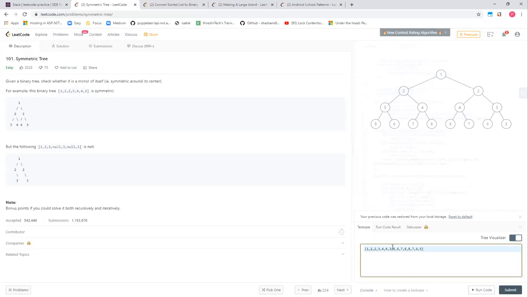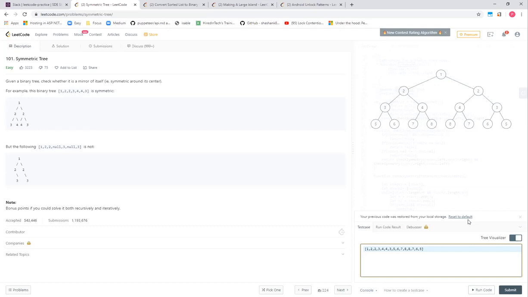So for example, I start from the first one, the 2 pointers point to 1, right? And then the next time, the left pointer points to 2, and the right pointer points to 2 on the other side. Okay, so you're saying reverse in order, right? No, reverse pre-order.